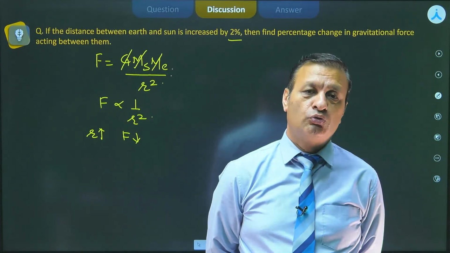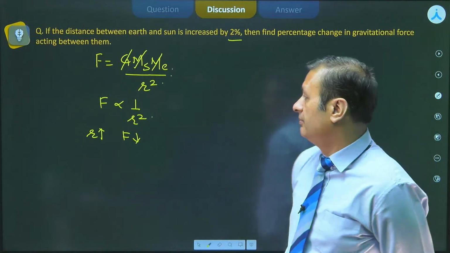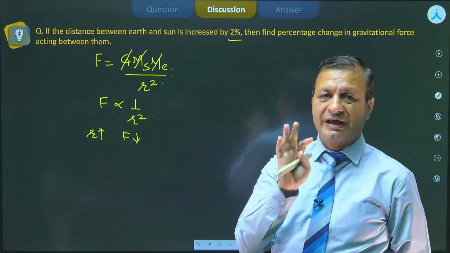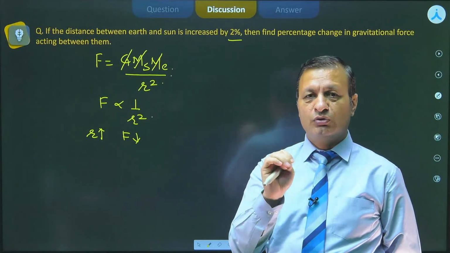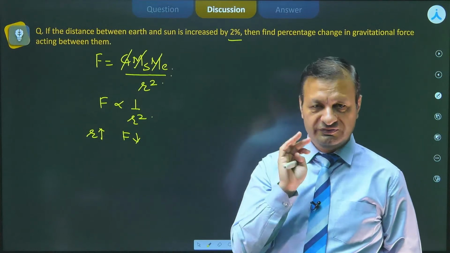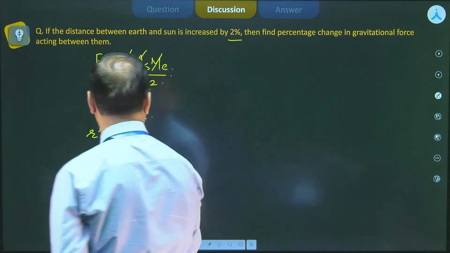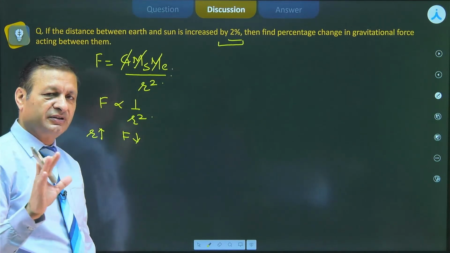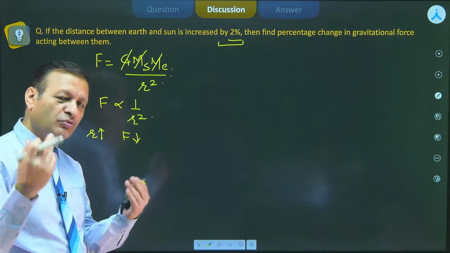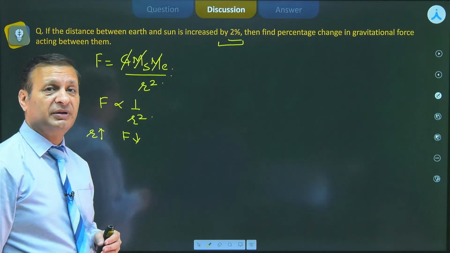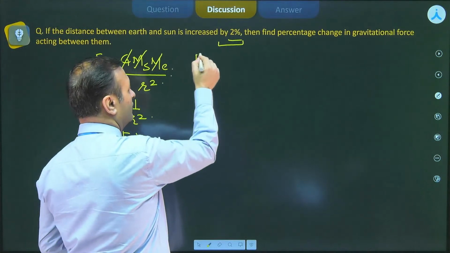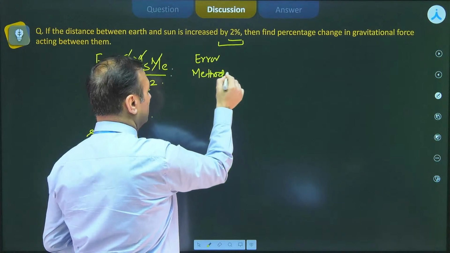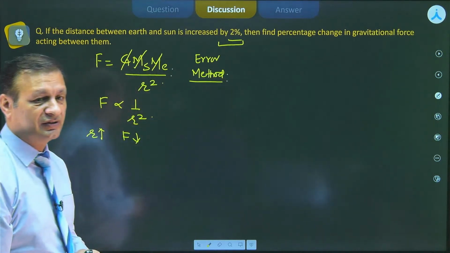Second, how will you approach it? This is just 2%. Don't get involved in heavy calculation, that would make it very complex and difficult. Whenever you have any increase or decrease of less than 5%, or maximum even 6%, use the error method, the combination of errors.